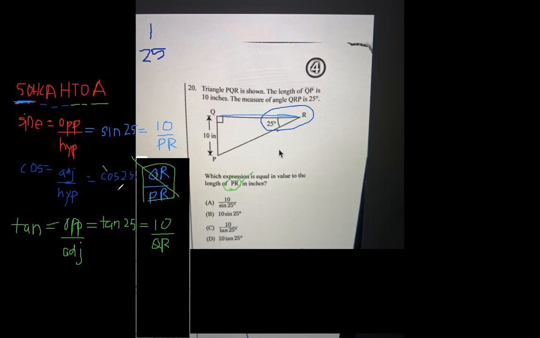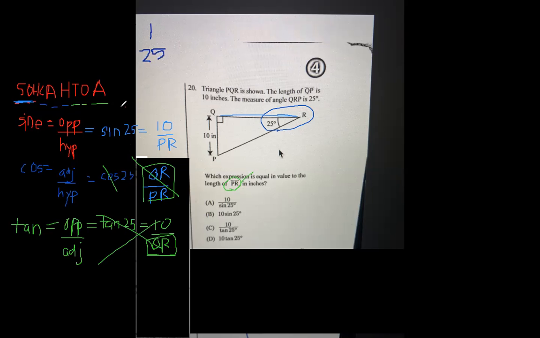Same thing for the tangent, this one has QR and not the PR side. Since PR is the hypotenuse, we're not going to use tangent either.